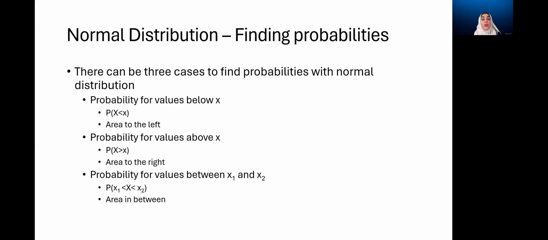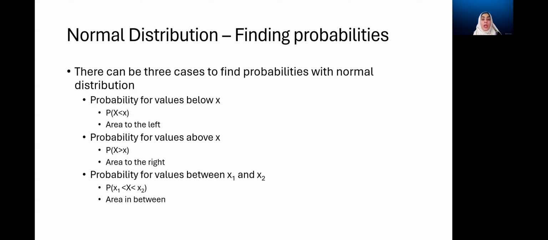The second is when we are to find the probability of values occurring above a given value of x, in which case the expression would be P of X greater than x. Now, these values are not directly available in the table, but we can make use of the laws of probability to find these values. In this case, these probabilities correspond to the area to the right of this point.